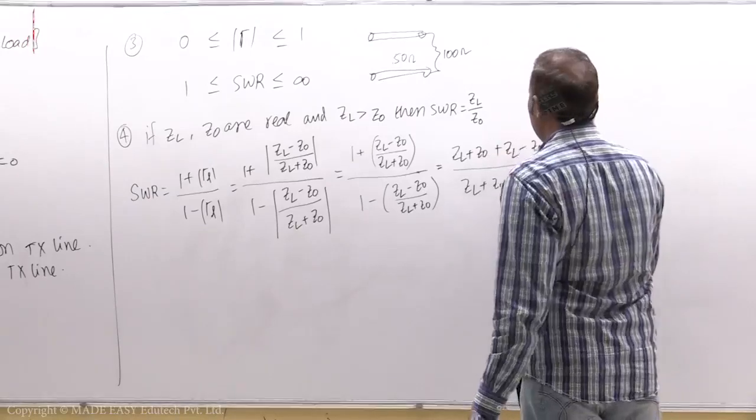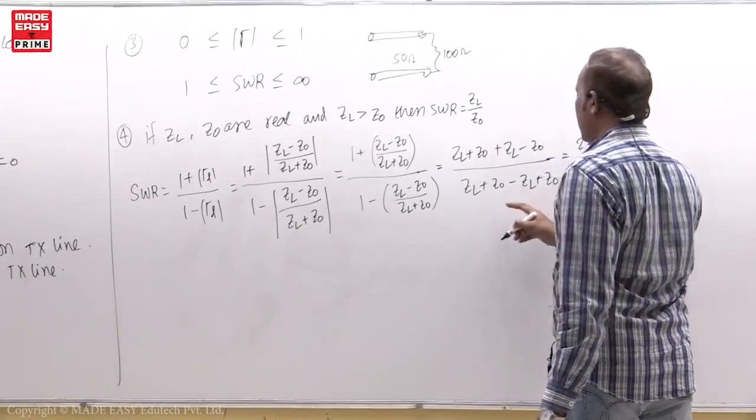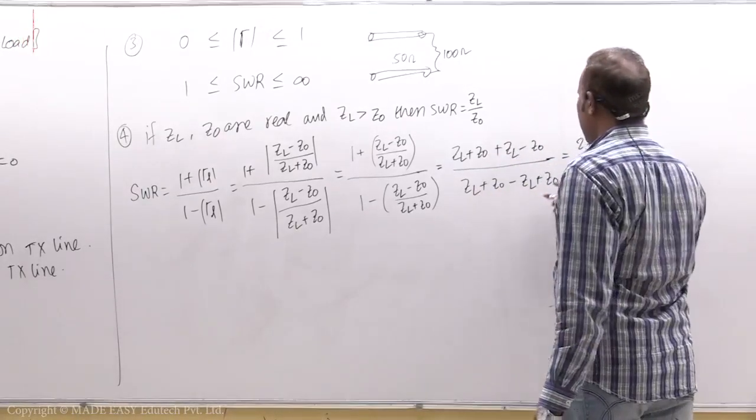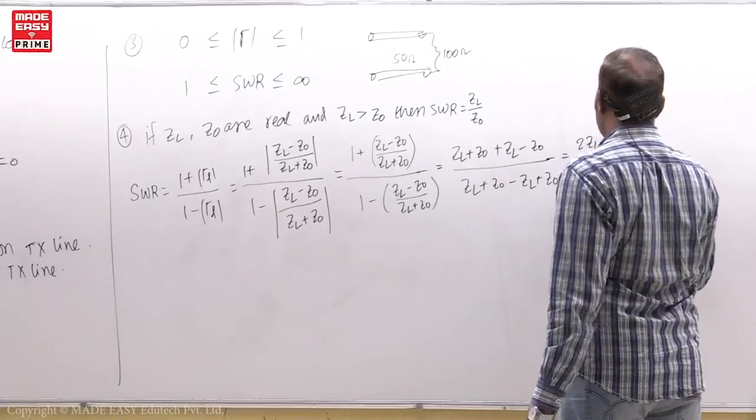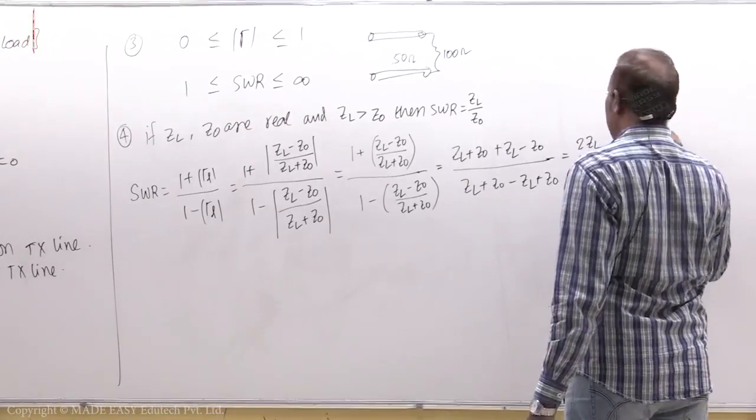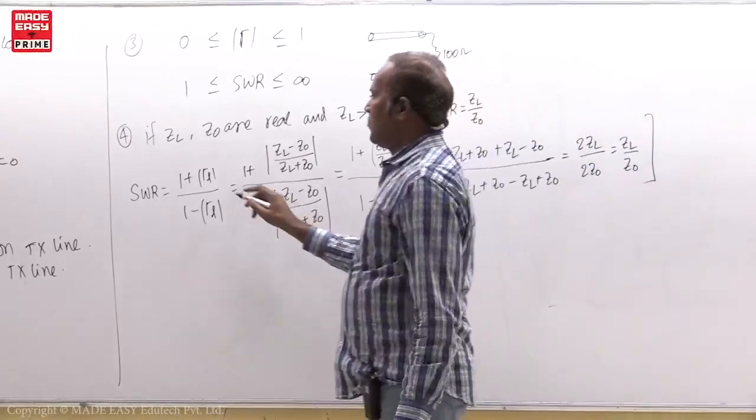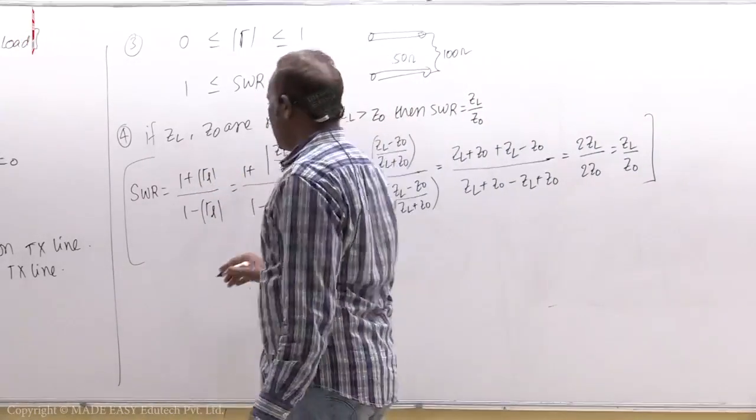So ultimately 2 ZL divided by 2 Z0, that is equal to ZL by Z0. This is the calculation, no need to bother about this, you got this one.